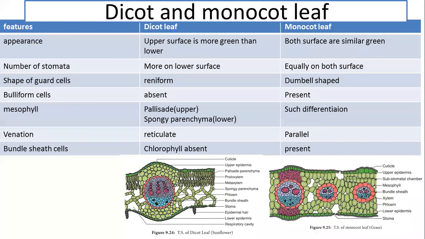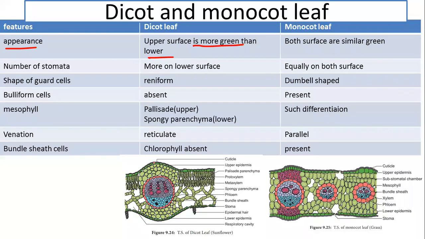Next, we'll move to dicot and monocot leaf. Till now we saw root and stem, and the last one is leaf. So how do the dicot and monocot leaf appear? The dicot leaf has dark green in the upper region and light green in the lower region.